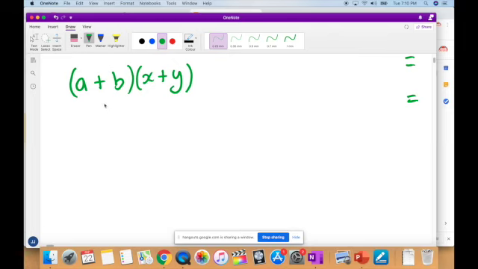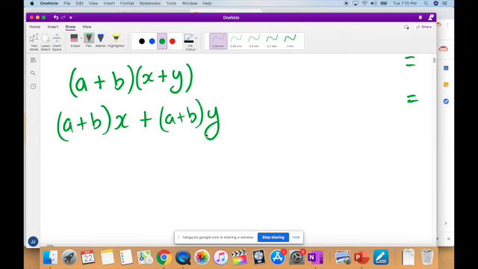That this a plus b is being multiplied by everything in the brackets, eh? Yeah. So you could think about it like the a plus b is being multiplied by the x, and then the a plus b is being multiplied by the y. Caitlin, you okay with that? Yeah. So now I'll end up with ax plus bx plus ay plus by.